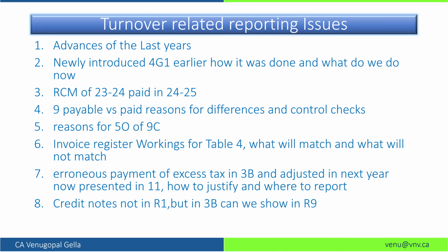No, Venu sir, I suppose we are getting confused. I am saying my liability of 22-23, I have paid in say August 23. So I have reported that tax payable in my table number 10 of 22-23. Are you getting me? Yes. Okay.